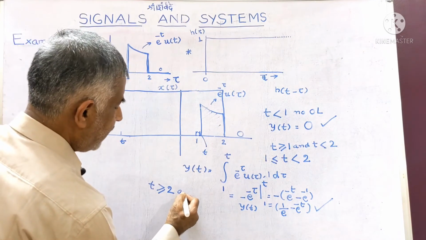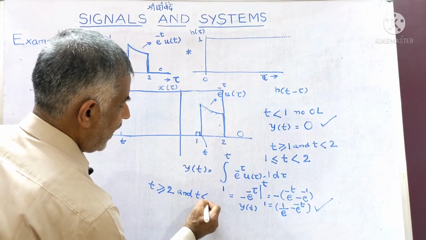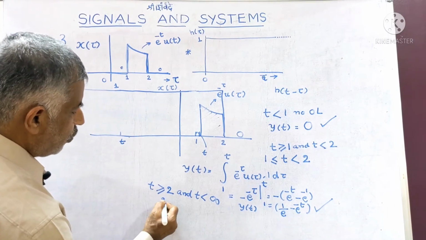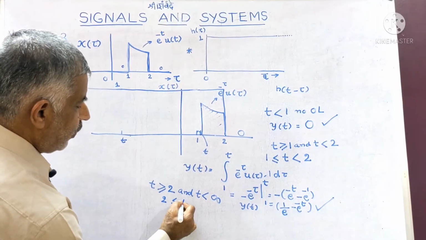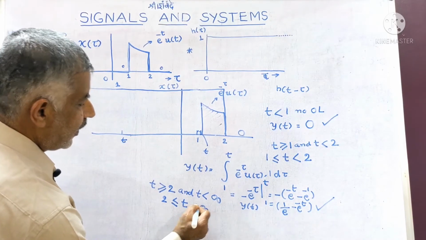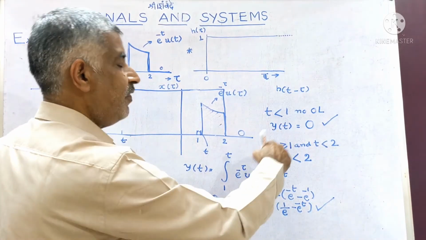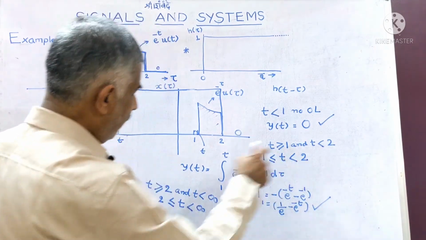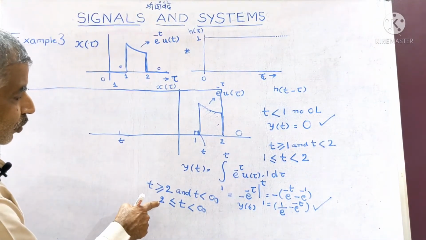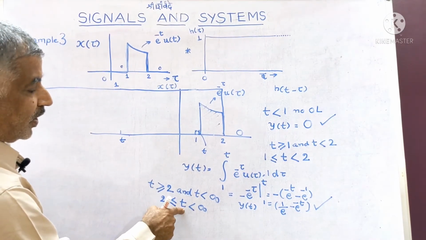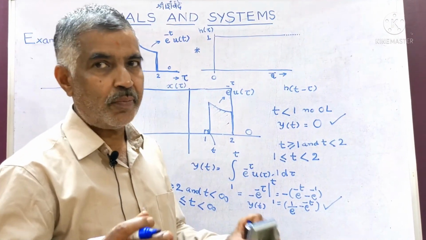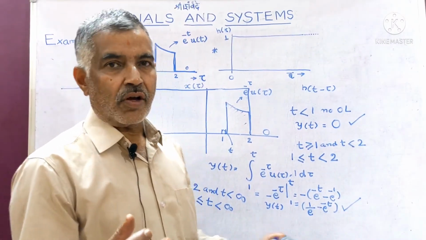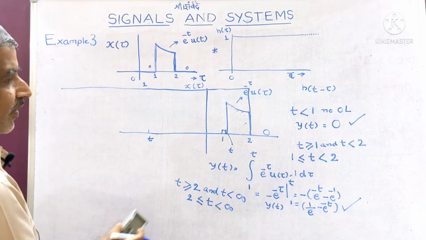Therefore, t less than infinity. If you combine these, 2 less than or equal to t less than infinity. Compare. Previous region interval was over with t less than 2. Now it has continued with 2 less than or equal to t less than infinity. Continuity should be there. If continuity is not there, that means the interval is wrong. Now continuity is there.